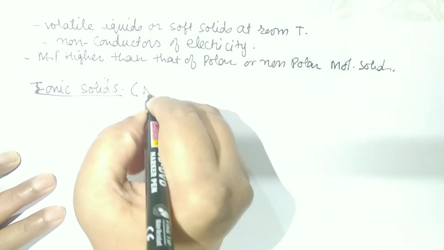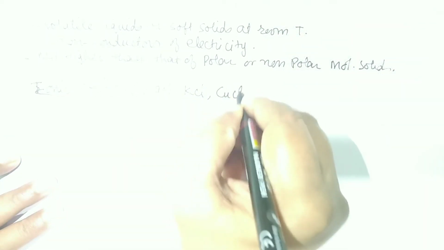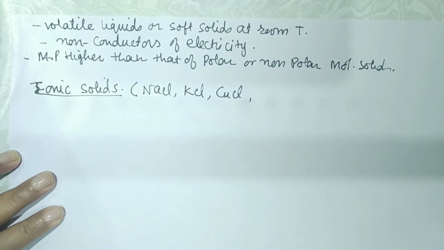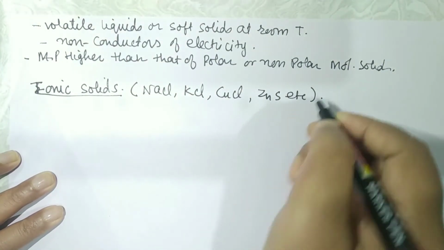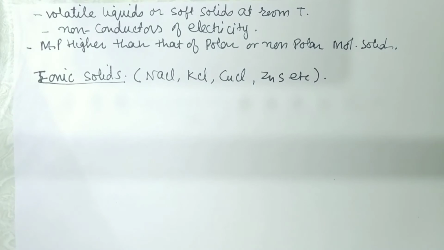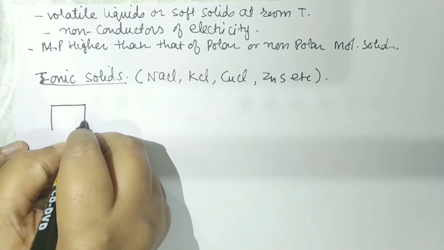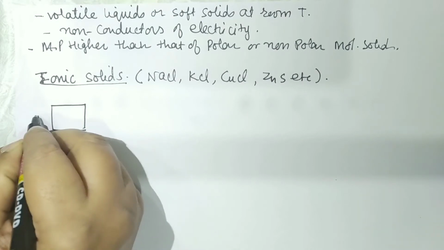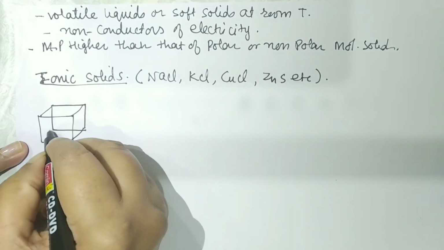Examples here can be NaCl, KCl, copper chloride, this type of examples. You can have zinc sulfide, etc. Now what you know about ionic solids, so now it will be easy for us to understand what are ionic solids. This is the unit cell.